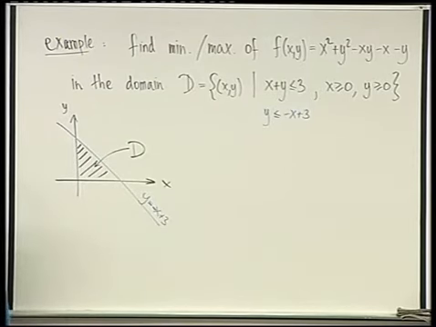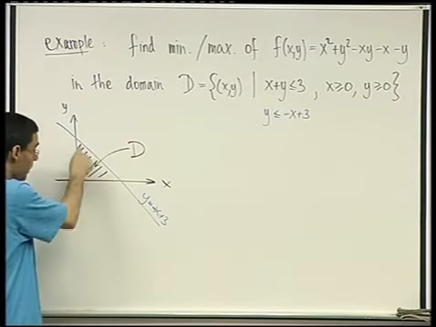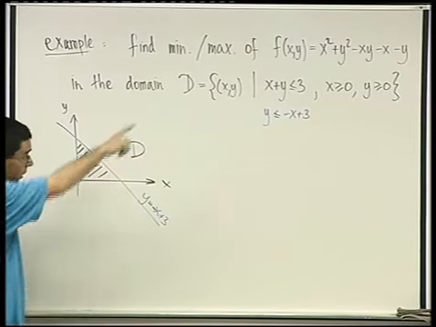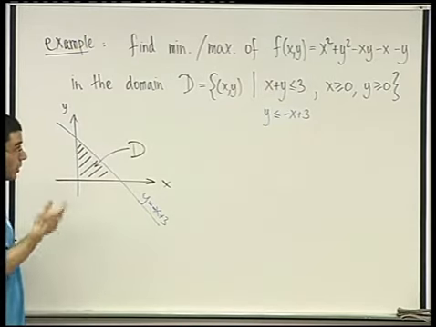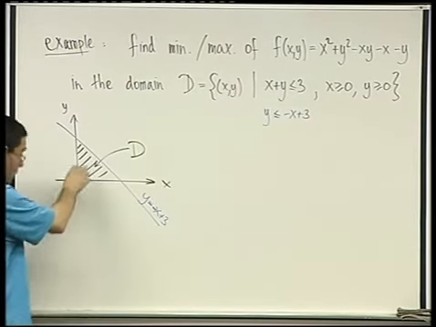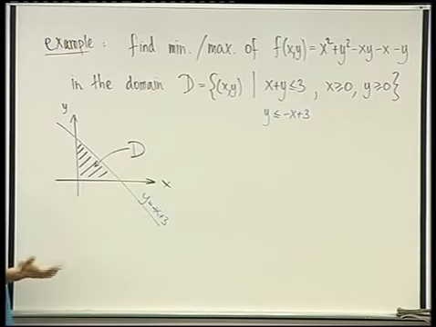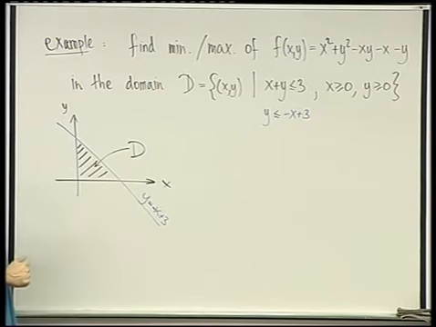Well, we break it into two phases, two steps. Step 1, we use Fermat's theorem to find local minima and maxima inside the triangle. Points where the gradient of f vanishes, where both the partial derivatives are 0. We'll find points satisfying that only in this domain. Maybe we'll find a point here and a point here, but they're not relevant to our problem. Okay?